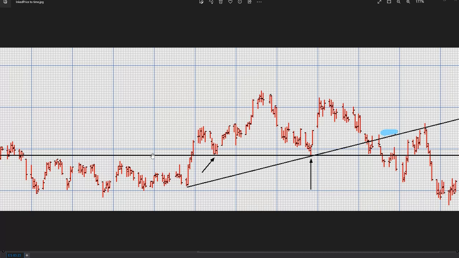What we're going to do when we convert price to time is strike a horizontal line at any high or low pivot area. In this case, I'm dropping a vertical line right on this little set of 3-bar lows by this black arrow.